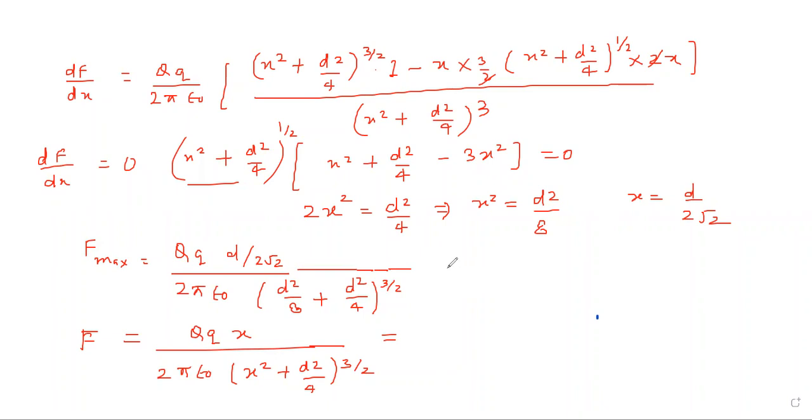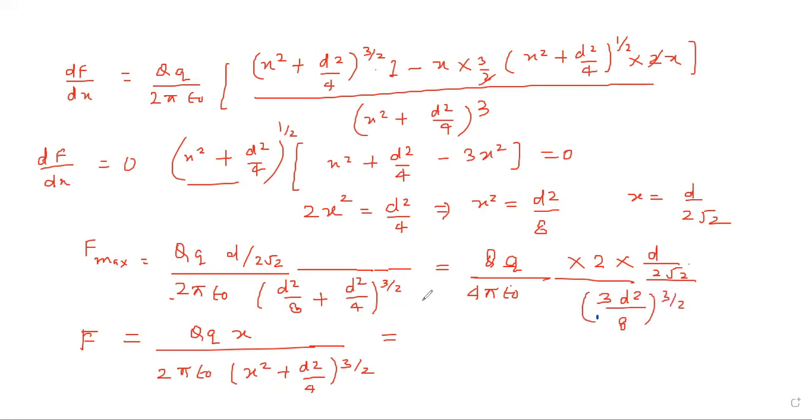Now we simplify it. Here we make this 2 into 4 pi epsilon naught. So let's write it as Q small q divided by 4 pi epsilon naught, then we multiply by 2, and then it is d upon 2 root 2 whole divided by 3d square by 8 whole power 3 by 2.